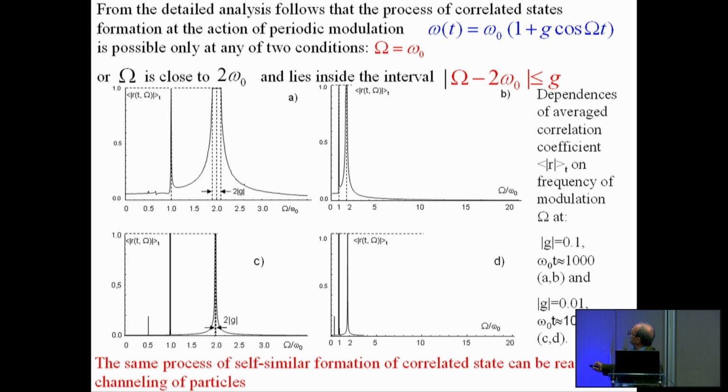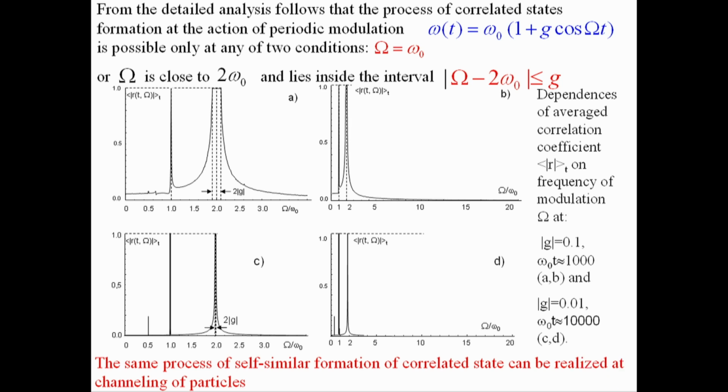On this figure you can see the investigated dependence of the formation of coherent correlated states on the frequency of modulation. You can see in fact very great coherent correlated state formation in 2 cases. When the frequency of modulation equals the eigenfrequency, on the frequency of the main resonance, and especially important when the frequency equals this one, the parametric resonance.